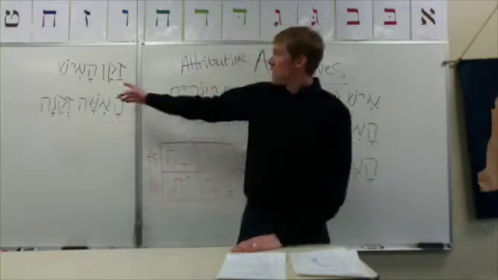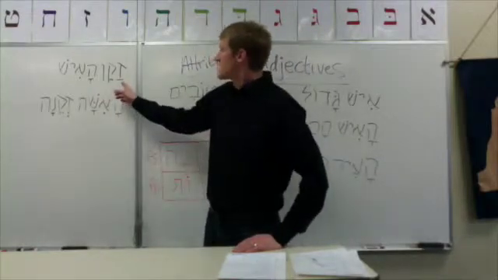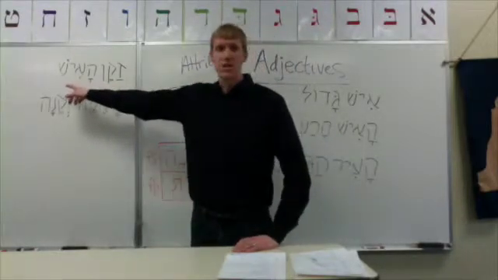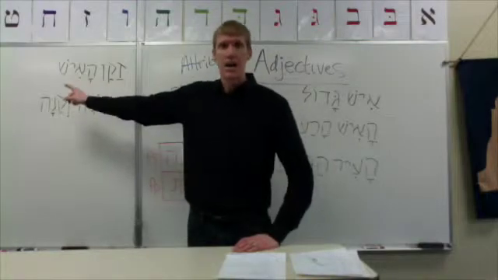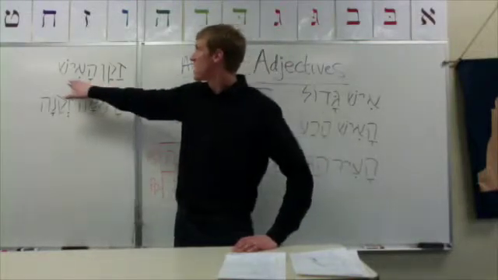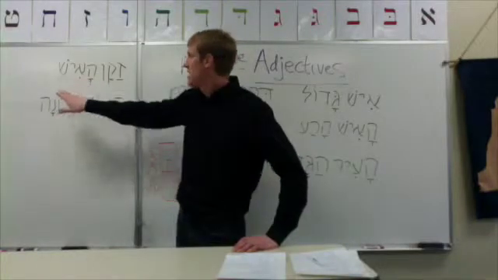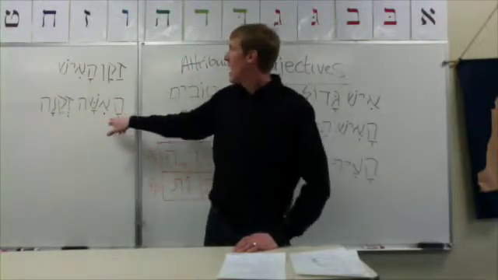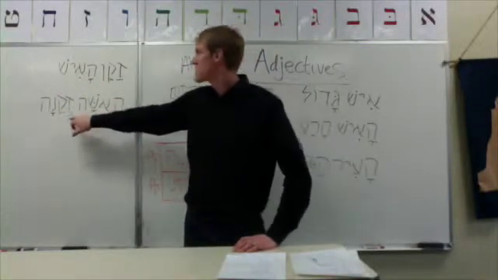And so here are two examples. Zakein ha'ish, zakein ha'ish. Zakein is the word old. Ha'ish is the man. And here we go, the reverse: ha'isha zakena.